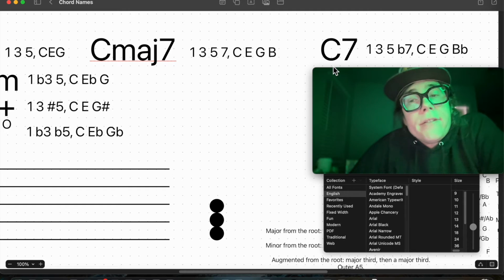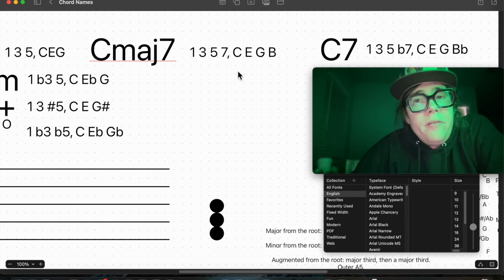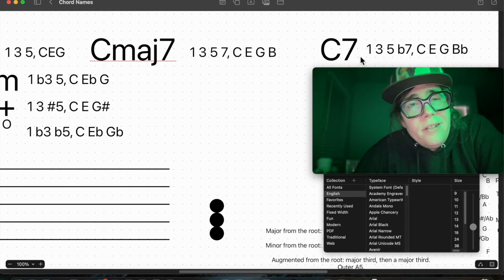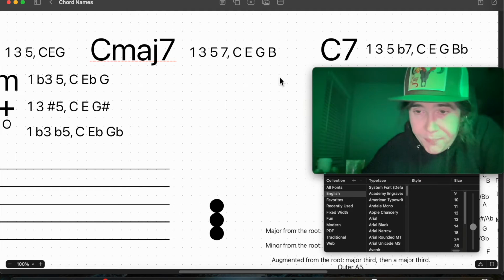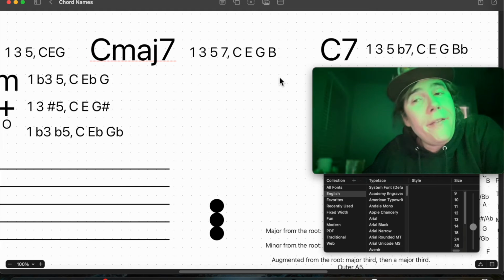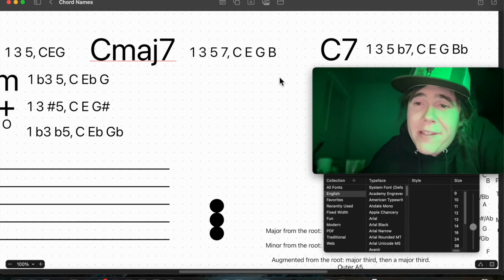What? Yes. C Maj 7 and C7 are different chords. When we have the 7 by itself, it infers a flat 7th.